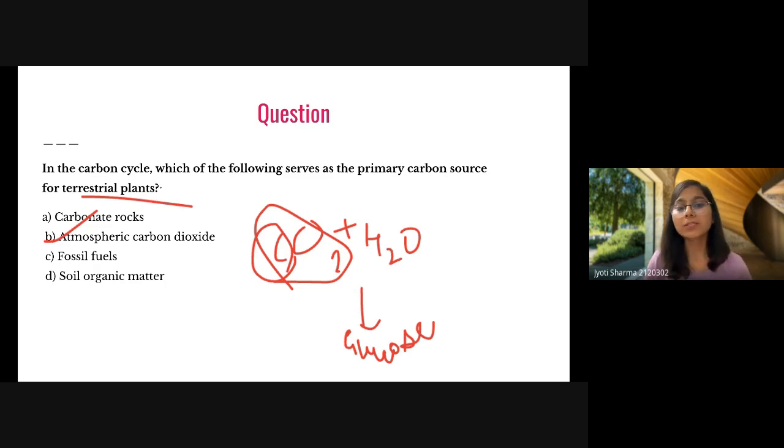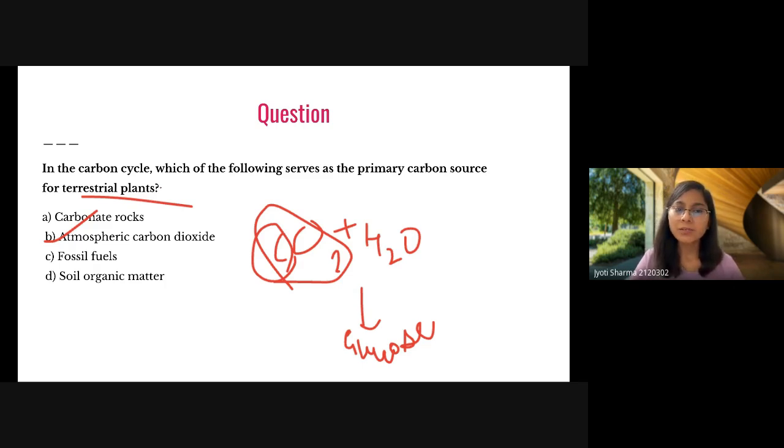Okay, so the next question is about the difference between the phosphorus cycle and the carbon cycle. Which of the following best explains why the phosphorus cycle is considered a sedimentary cycle, unlike the carbon cycle? We have four options here.